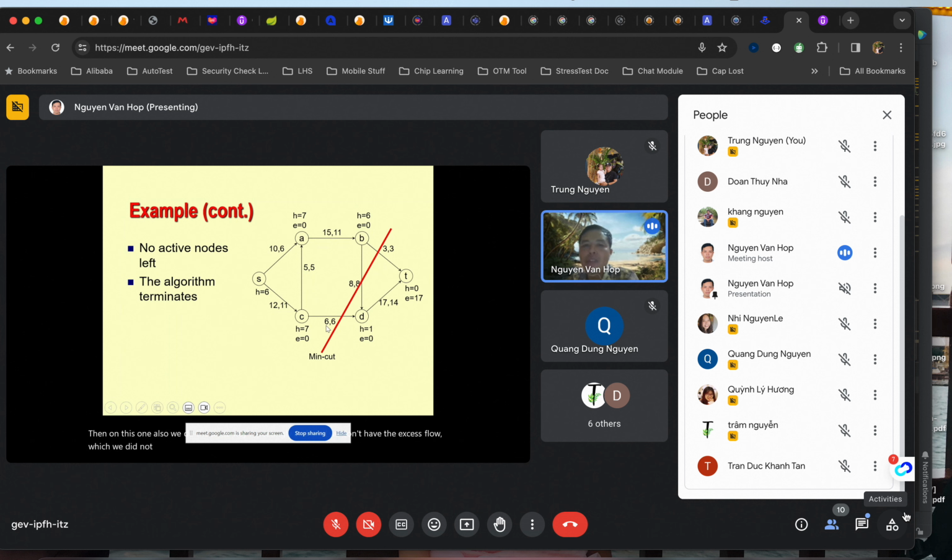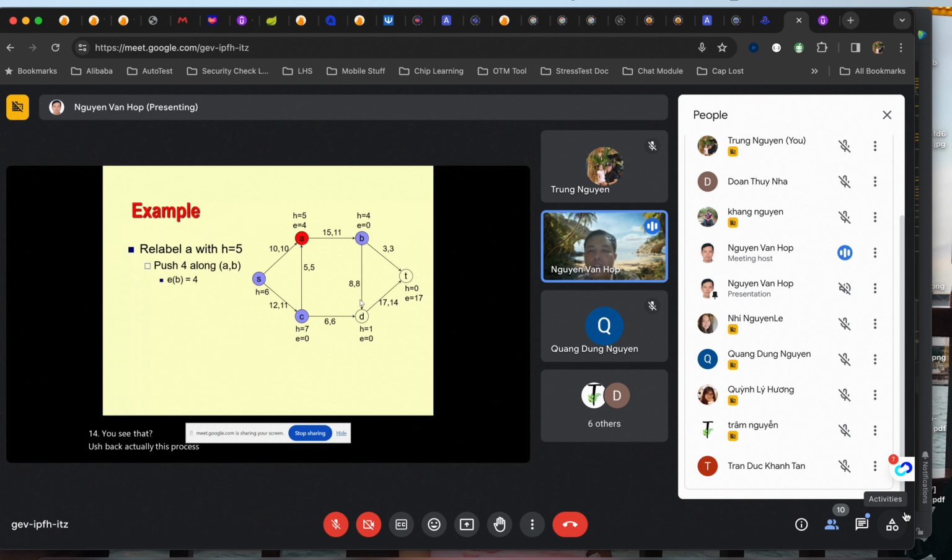And you see that S7 we flow 6 fully capacity. Then therefore you see that at this one is 14. Therefore we have to push back here until this one is 0. Then it's 14. You see that push back. Actually, this process does not show clearly here, but you will see that at the beginning is 14.